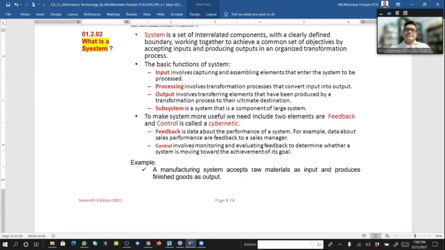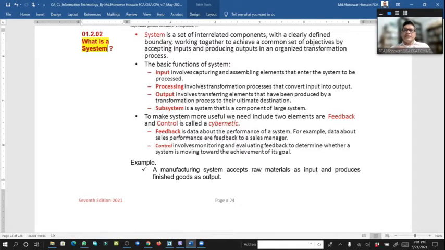To make a system more useful, we need to include two elements here: feedback and control. Just like our communication: the sender sends the information through a channel. After processing, it goes to the receiver. After receiving, the receiver gives feedback to the sender. So this is the communication process, that way it fulfills its work.